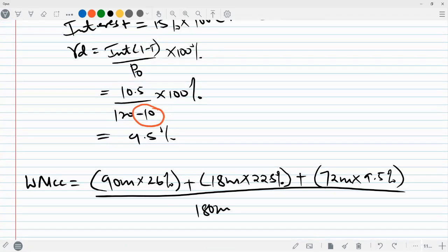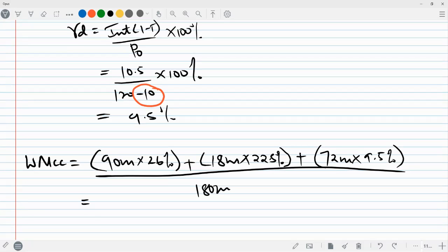Then we want the cost per share, so we divide by 180. And you get how much?